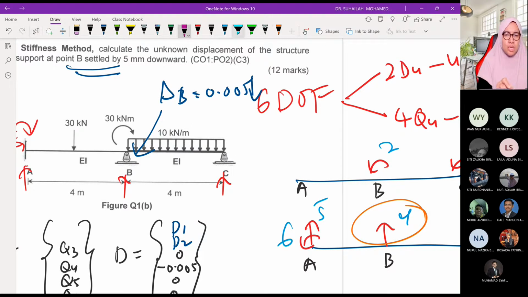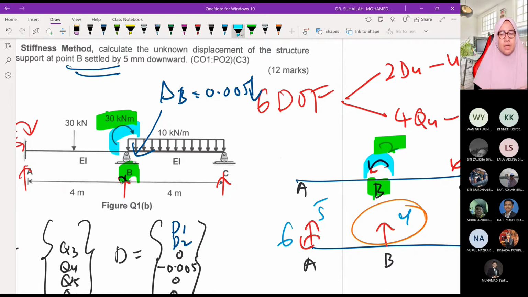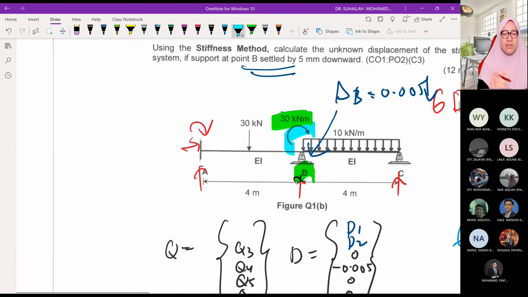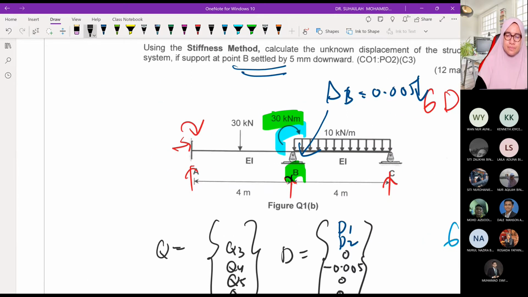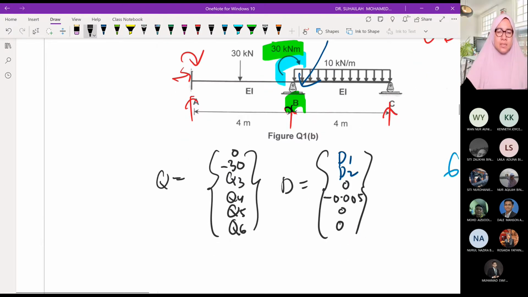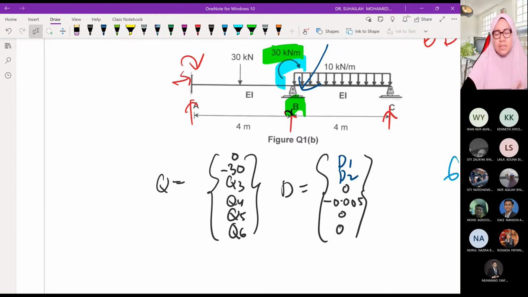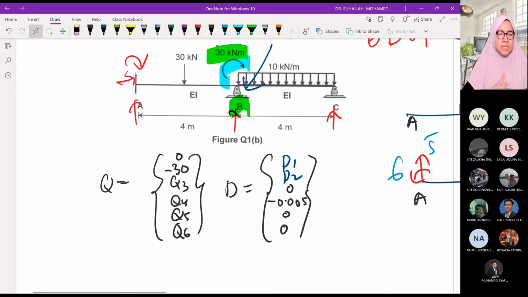Its direction is opposite, so it becomes negative. Its value at position 2 is negative 30. At position 1, it is 0. So this is the only difference.